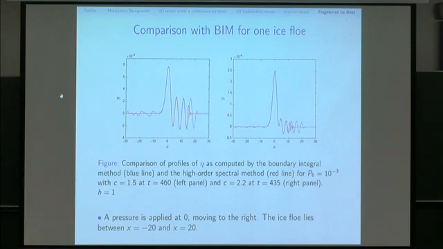So if you imagine you have a bear on the ice floe, or a current underneath, and they move to the right. Because you have flexural effect on the ice floe, you should have flexural waves in front of the pressure. So we have these blue waves here, and the big pulse corresponds to the pressure.